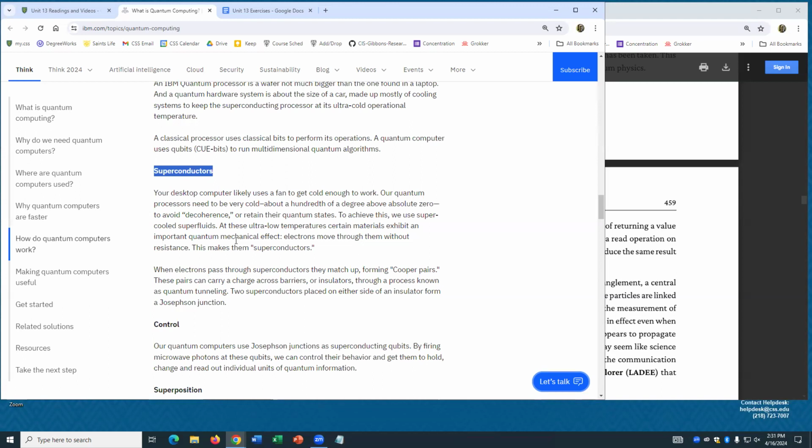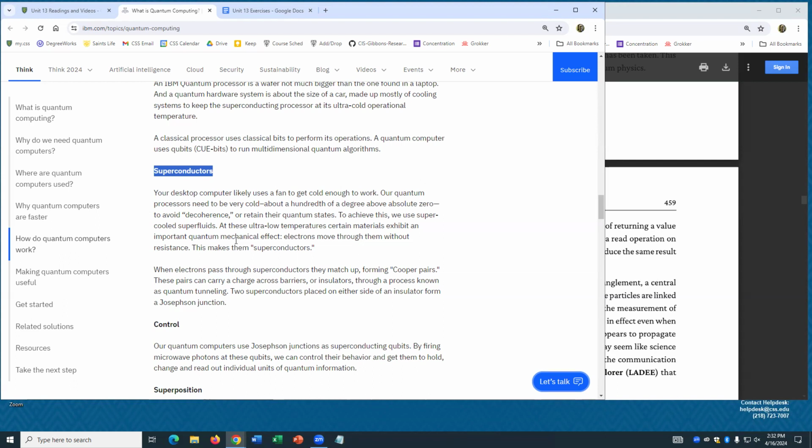These things have to be cold. Liquid nitrogen is too warm for this sort of thing. Liquid oxygen, all these things are way too warm. We have to get this really, really cold. You're thinking as cold as outer space, and I'm saying no, colder than outer space.